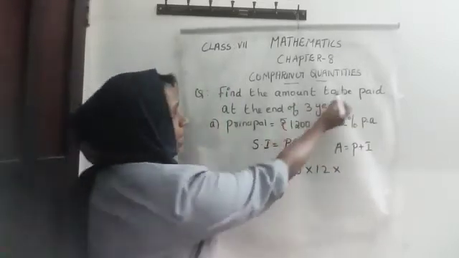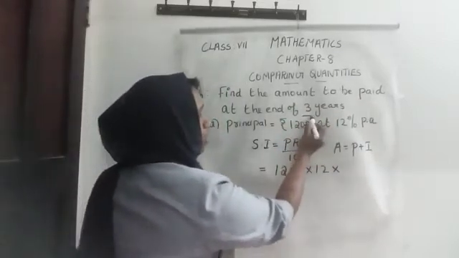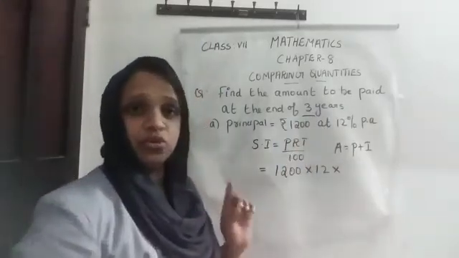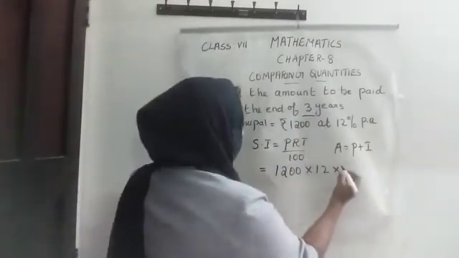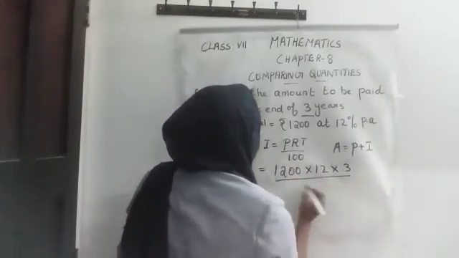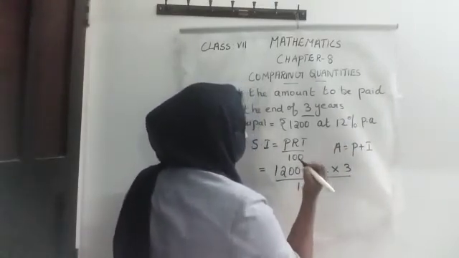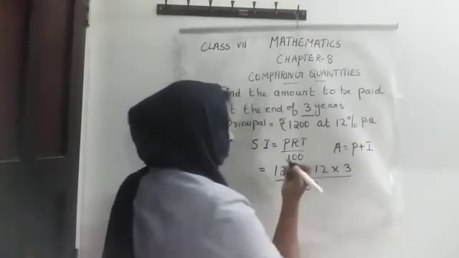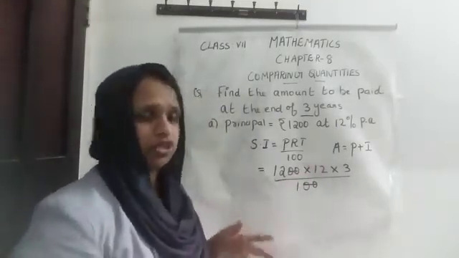See, find the amount to be paid at the end of 3 years. So 3 is the T, equal to what? 3 years. The whole divided by 100. We can cancel these 2 zeros because we want to make our calculation simple.